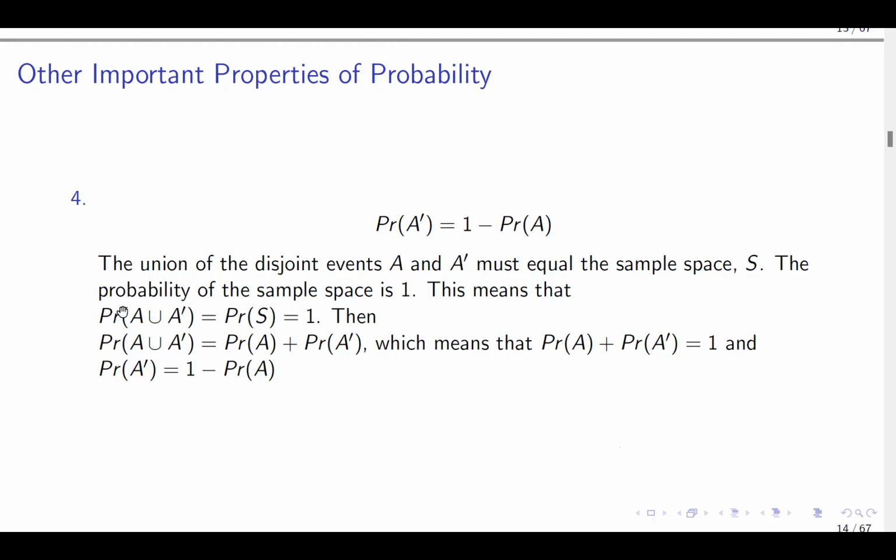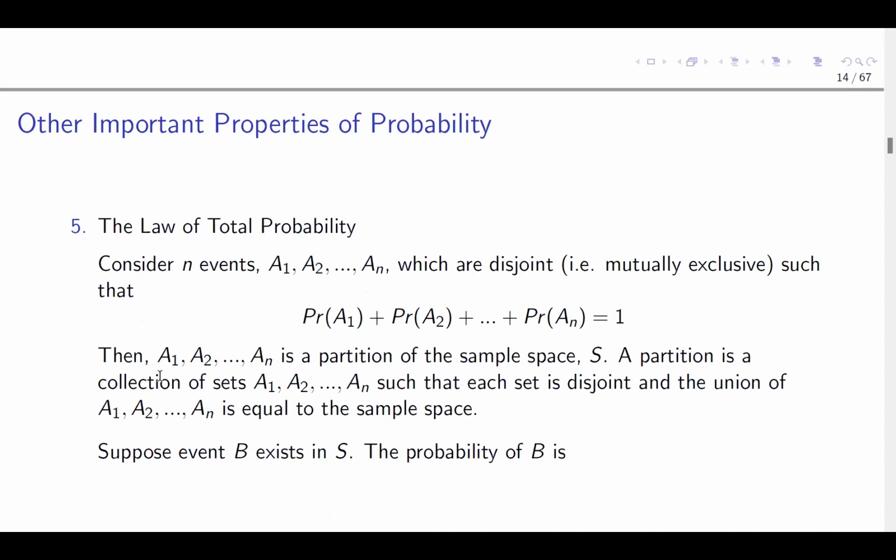So the probability of A union A complement is the probability of the sample space, which is equal to 1. Then the probability of A union A complement is the probability of A plus the probability of A complement. Take note that A and A complement are disjoint sets. They have no point of intersection. Therefore, the probability of A complement is equal to 1 minus the probability of A.